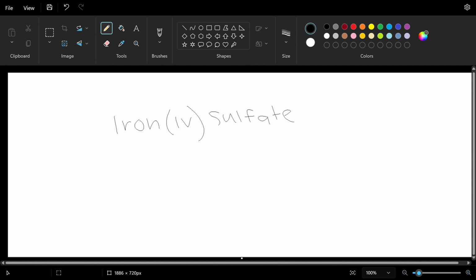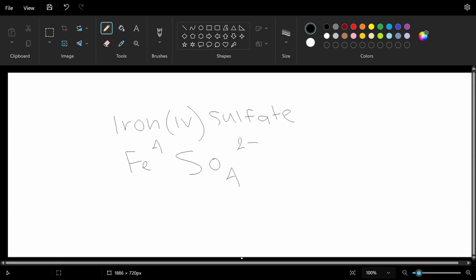Like said before, iron is a transition metal, so it gives you the charge for it, and its symbol is Fe, and its charge is 4. And for sulfate, again, if you look on the back of your periodic table, you're going to see that its formula is SO4, and its charge is -2, or 2 negative.